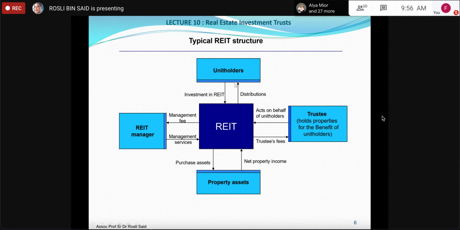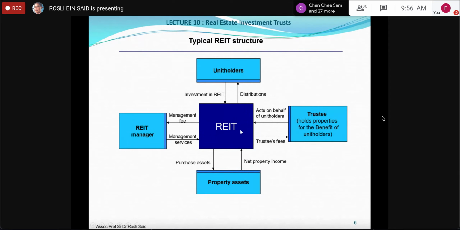Between unit holders and property asset, REITs basically purchase property. That property becomes part of their investment, and through renting the units to tenants, they make income. The net property income, after deducting everything, becomes the REITs income.